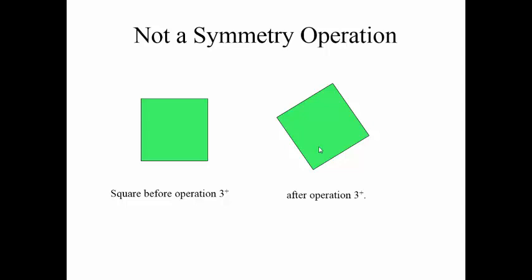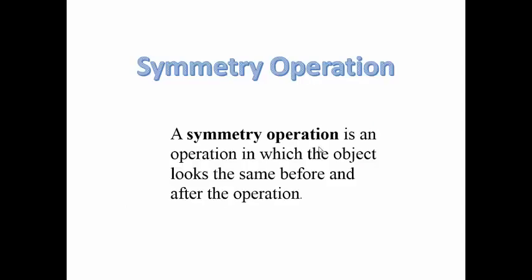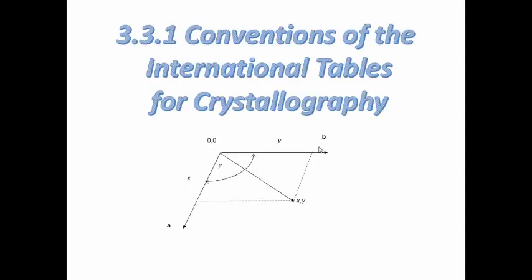You can tell something has happened to the object under the operation. So this is not a symmetry operation of the figure. So here's our definition of symmetry operation. You know how important I like definitions. A symmetry operation is an operation in which the object looks the same before and after the operation.